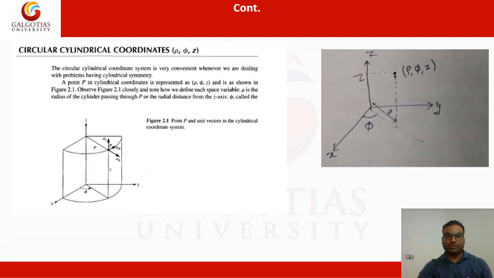Now let's discuss the coordinates of cylindrical: rho, phi and z. Phi is an angle, rho is the radius, or you can say just a length, and z is the same as in the rectangular Cartesian coordinate system, a length in the z direction.